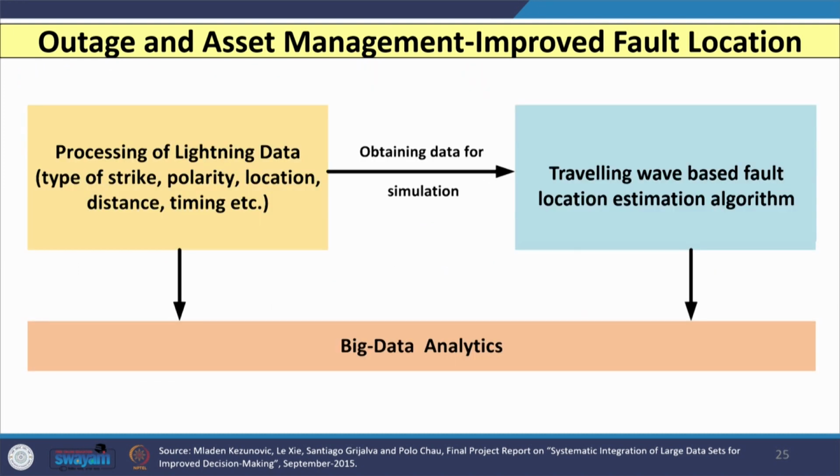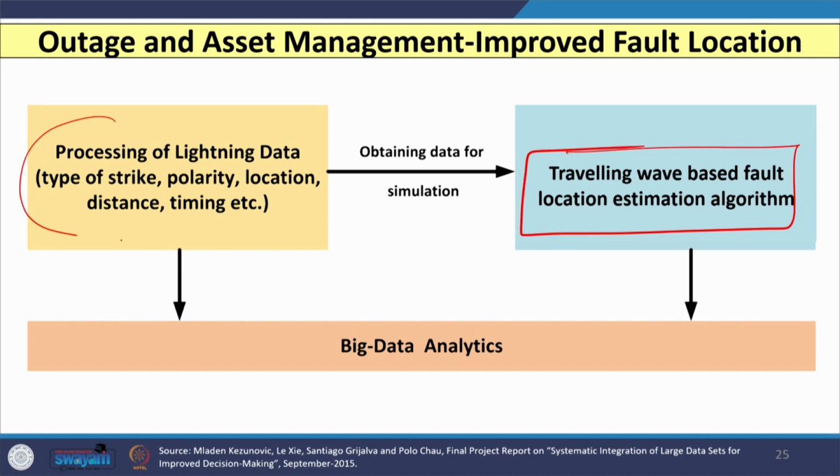So, for the improved fault location algorithm we need two modules. One is the travelling wave based fault location module, and the other is the data module, which captures the data related to lightning, let us say strike, polarity, location, distance, timing, etc. This module will provide the required data to the travelling wave based algorithm module, and then finally you will have the actual estimate of the fault location.